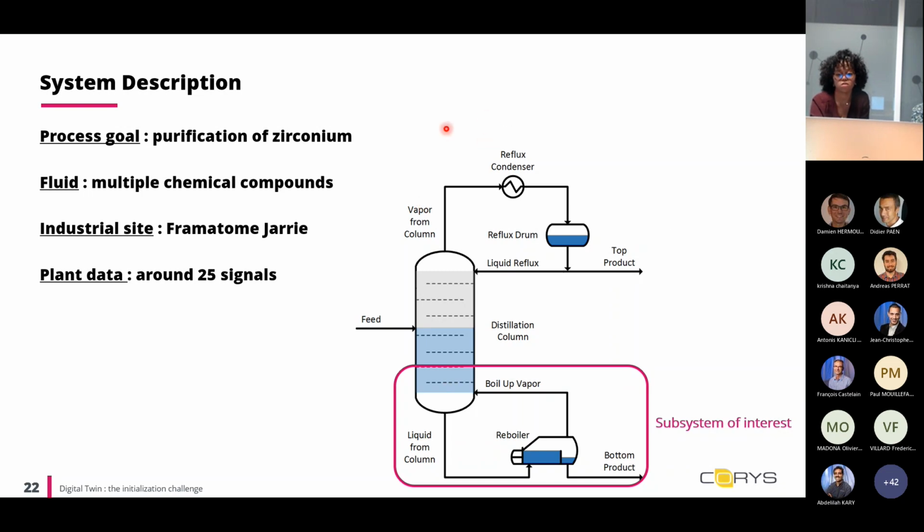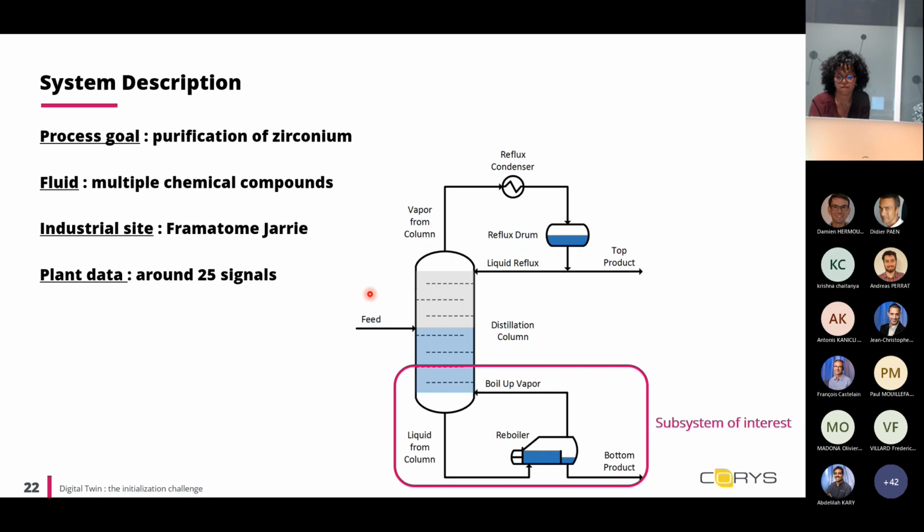The process is not that big, but still there are multiple different chemical compounds. There is a powder being given to feed this process. There are also liquids that are over the tubes, etc.